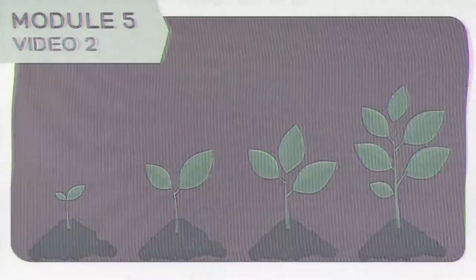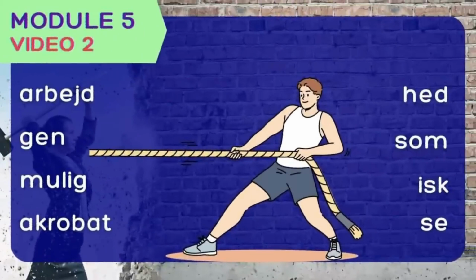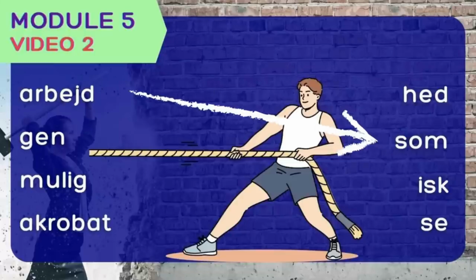It's time to master this art. Practice is, of course, key, so let's dive into some exercises. I want you to match the words on the left with their suffixes on the right. You should have got something like this.